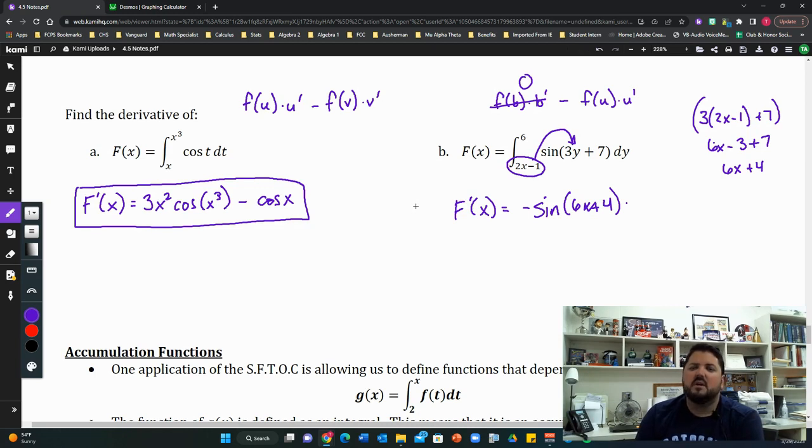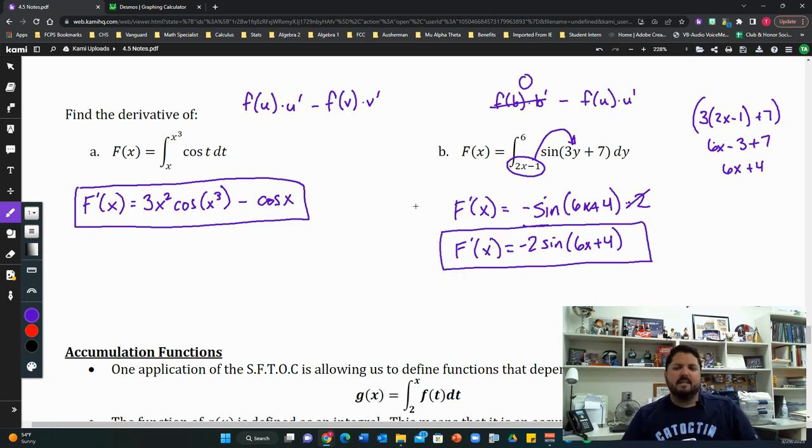Well, that's not the case. I'm taking the derivative of u, the thing that I substituted into that argument. So in this case, my u prime is 2, not 6. So be very careful. I can move that 2 out in front, so we'll write this as negative 2 sine of 6x plus 4. That is our derivative.